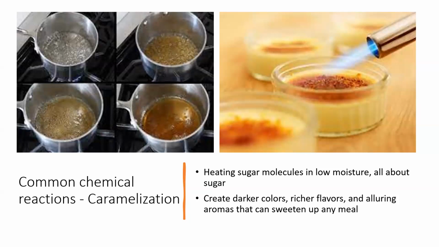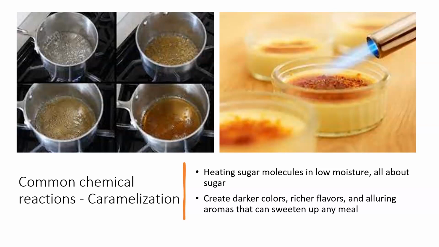As the water evaporates, you see the color of the sugar becoming darker and darker. Basically, you're making some syrup, and at the end, when all the water evaporates, you have the final product.